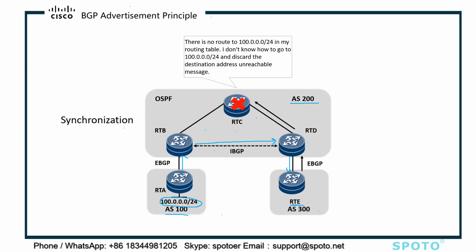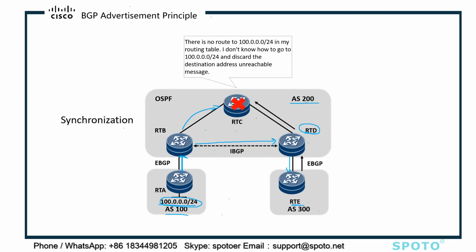About the route advertisement, first of all, RTA will send the route to RTB. When RTB receives it, we need to know that the next hop of this route is RTD. So RTB checks that the destination RTD is in AS 200.